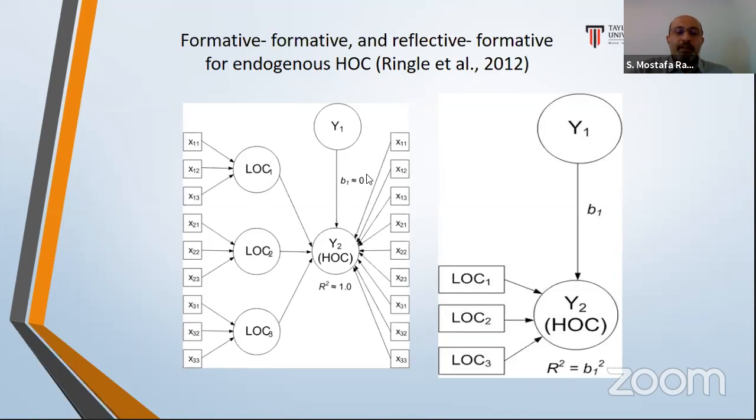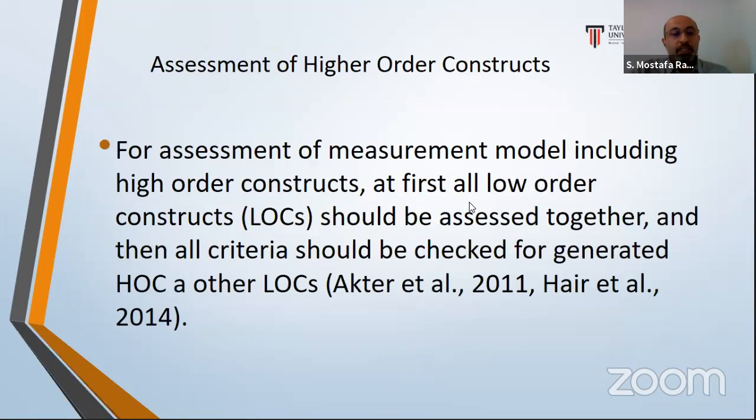Several other problems have also been mentioned in the literature for the application of repeated indicators. So especially recent literature suggests applying two-stage, regardless of the type, whether embedded two-stage or disjoint two-stage, compared to the repeated indicator method.